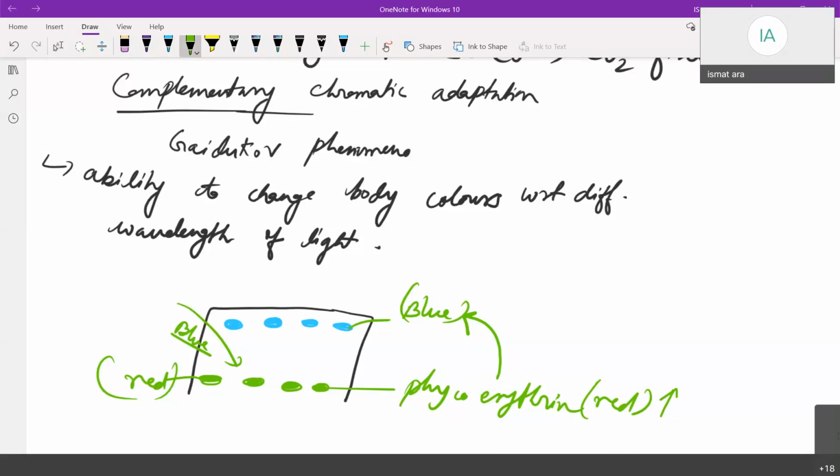This ability to change body color with respect to different wavelengths of light was given by Gaidu-Cobb, and after his name, the phenomenon is called the Gaidu-Cobb phenomenon. One organism appears in two colors due to different wavelengths of light. Clear with this Gaidu-Cobb phenomenon?